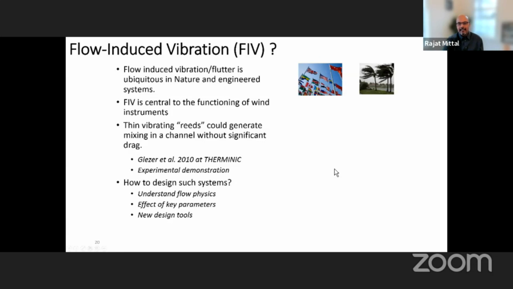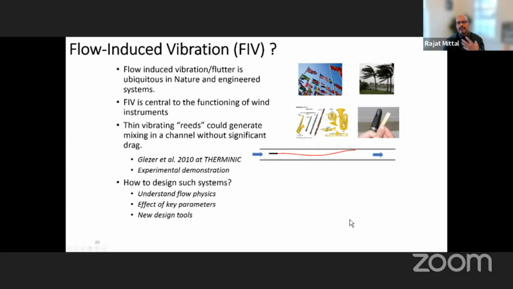This idea really was started by my collaborator, Ari Glazer at Georgia Tech, who made the observation that flow-induced vibration is used to create vortices, etc. Can it be used to enhance heat transfer? He did experiments where he took these cloth reeds or membranes and put them in a channel.